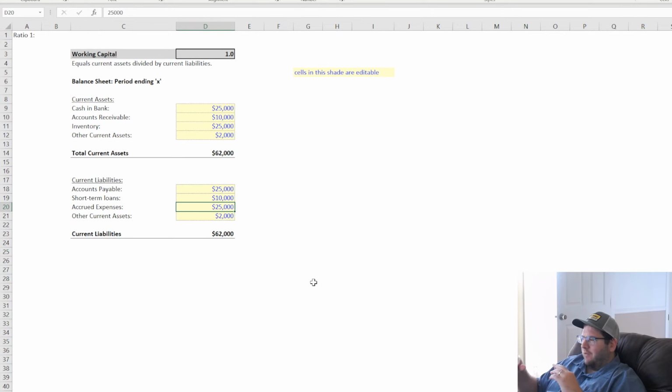It's been recognized, the services have been performed that you paid for, but you pay for it on account. So these accrued expenses are cash items that have not yet been paid, but they have been recognized. And it's kind of like a debt. So accounts payable, short-term loans. Accrued expenses.